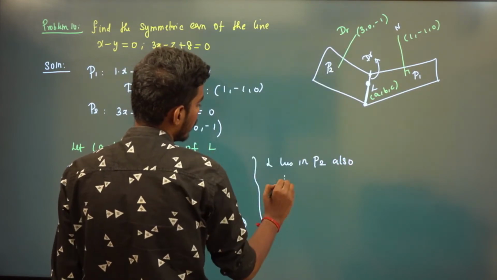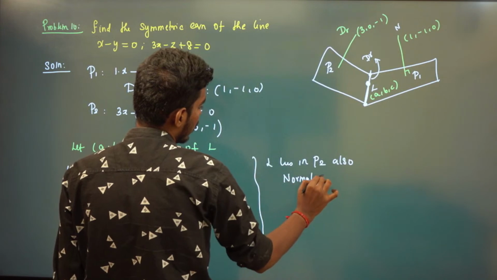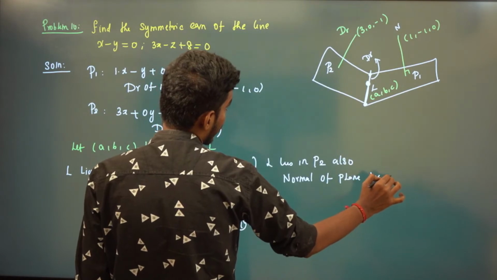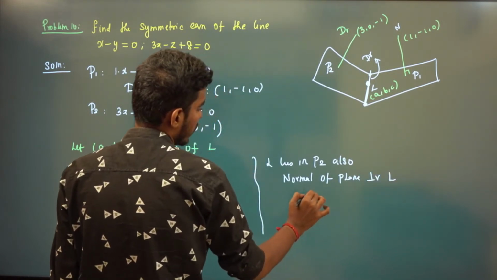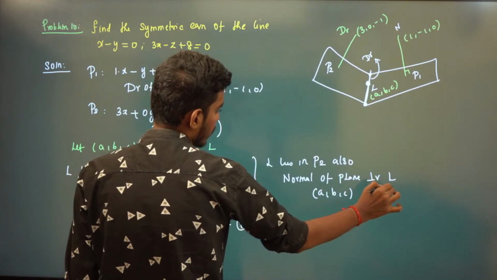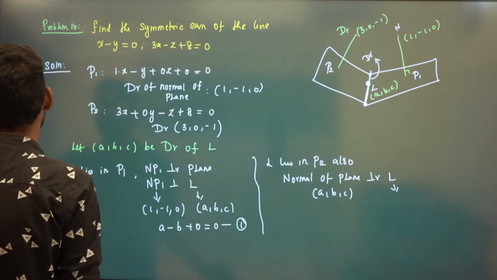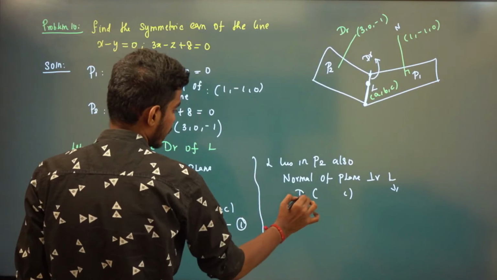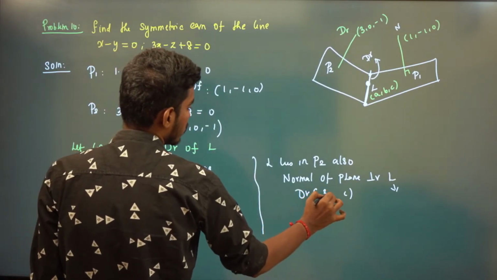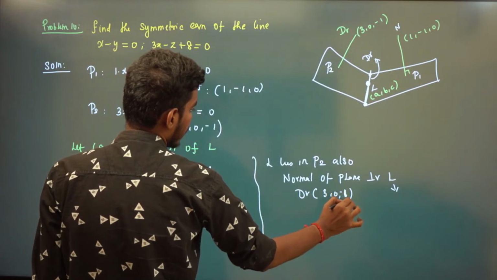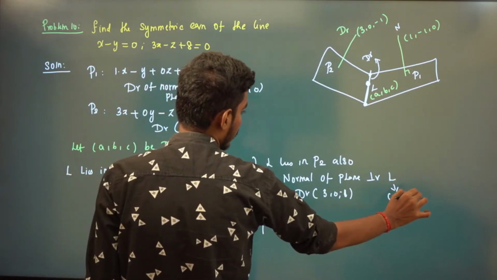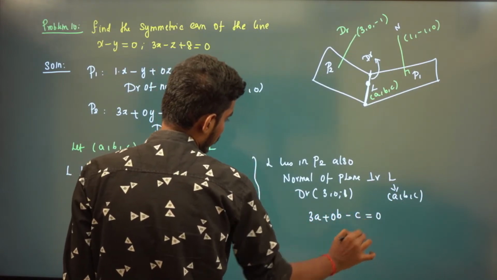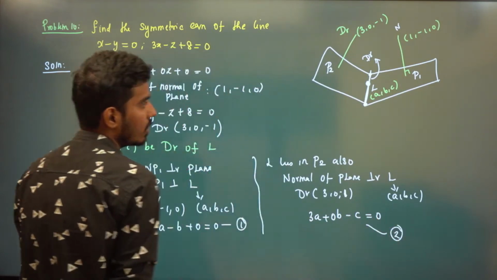That means the normal of the plane is perpendicular to L. The direction ratio of the normal is 3 comma 0 comma minus 1, and L has direction ratio A comma B comma C. So they are perpendicular. So we have 3A plus 0B minus C is equal to 0. So solve 1 and 2, you will get the value of the direction ratio.